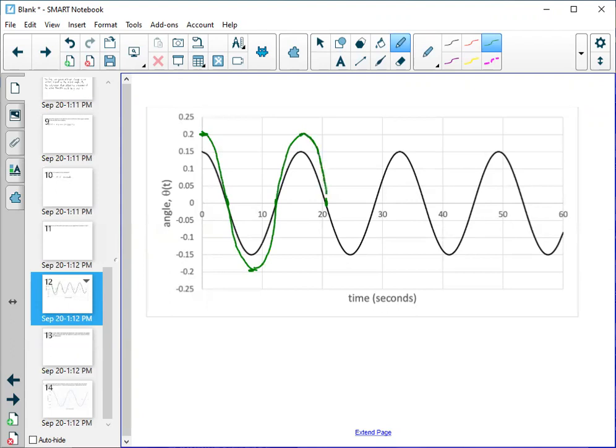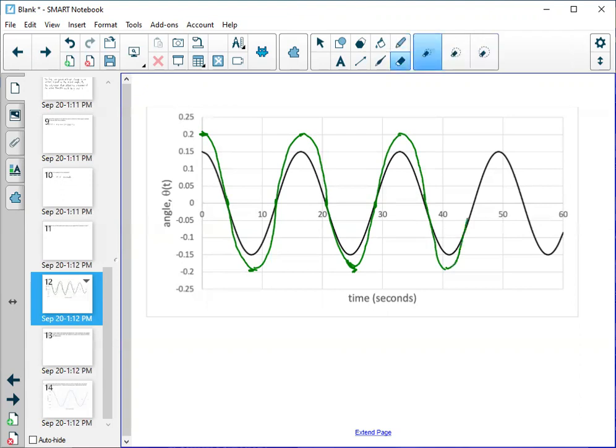And I'm just going to keep following this curve all the way until we're done. It reaches the bottom there, turns around, goes back up, max. Whoops, there we go.